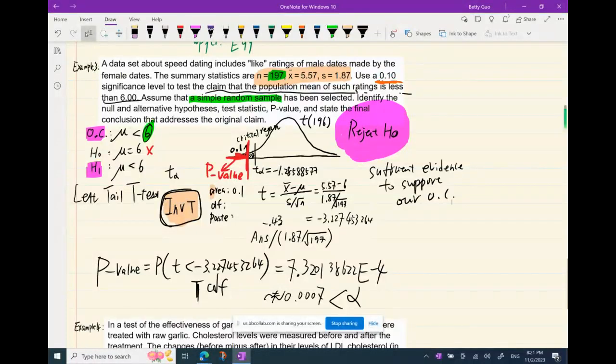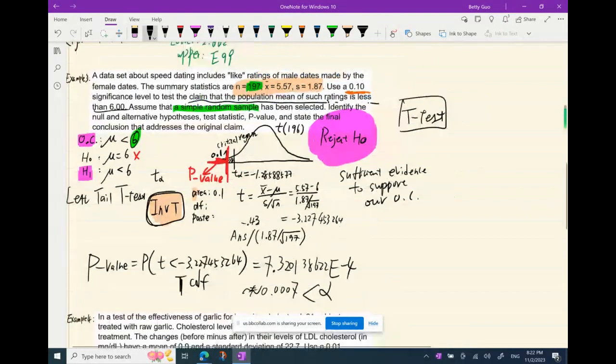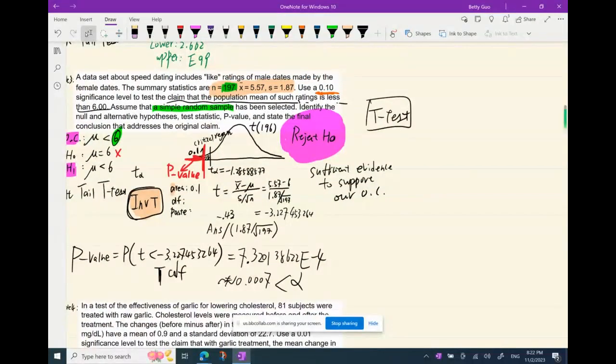There's a faster way. Let me show you. In the calculator, we are going to go to t-test to find the test statistic and the p-value quickly. Let's go to STAT, and then go to the right twice. Select TESTS.